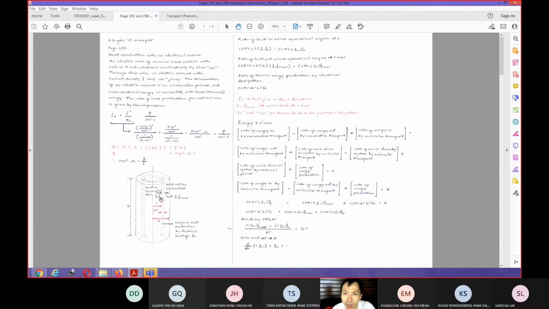Okay, and then we also have an electrical conductivity ke, ohm per ohm per centimeter. And through this wire, as you can see, all the wires have a cylindrical shape, right? Basically, there is an electric current with a current density of I ampere per centimeter square that flows.